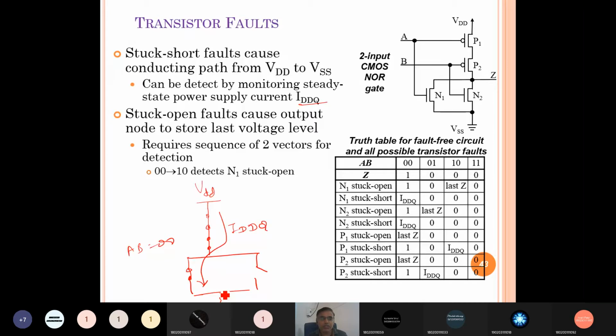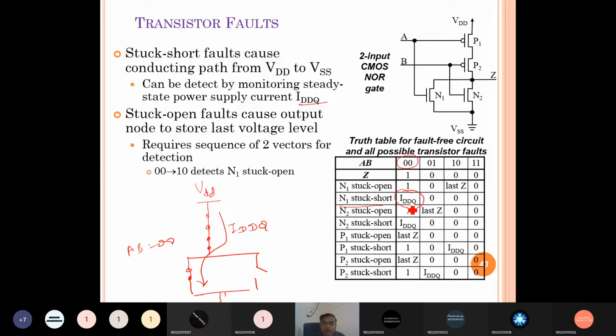If there is power dissipation, that means some fault is there in the design and it can be detected, right? Through giving different input combinations we can detect that fault. So that stuck-short fault can be detected if we give the input 1 and 1, whatever the stuck-short fault present, through these combinations, right?